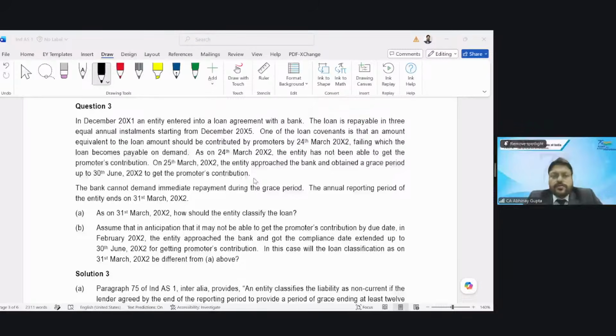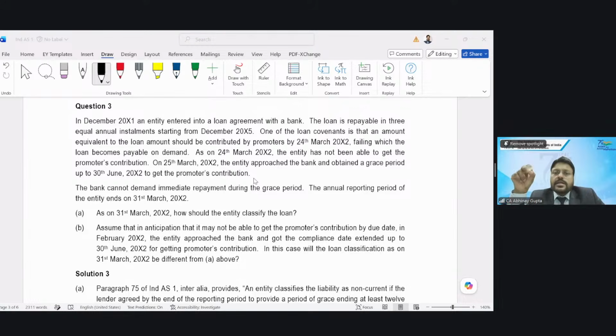Okay, so just for the benefit of all the students, I'm summarizing what we have learned in the previous two questions, right? You can also note down. If we have any loan on our balance sheet, and we are preparing financial statements for a reporting date, for example, assume 31st March 2026, we need to see whether this loan is repayable within the next 12 months or after the next 12 months from this 31st March 2026, that is the reporting date.